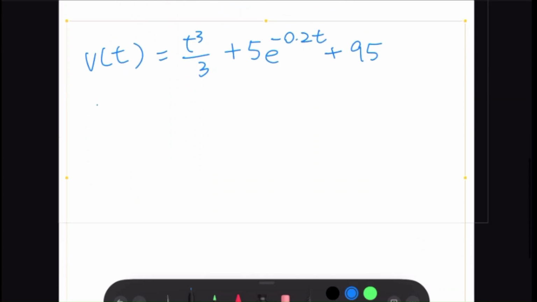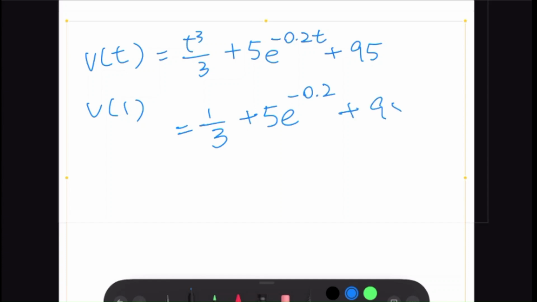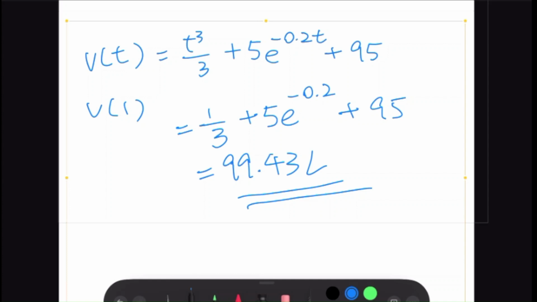And then finally, all we need to do is sub in t equals 1, which would give us 1 over 3 plus 5e to the negative 0.2 plus 95, which I think would end up giving us 99.43 liters. Did we get that? Awesome. Thank you, guys.